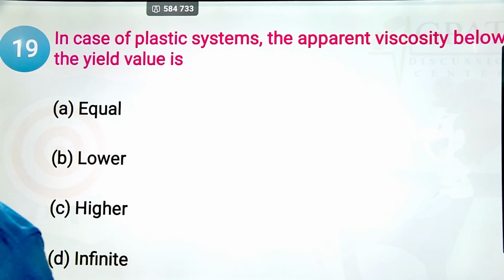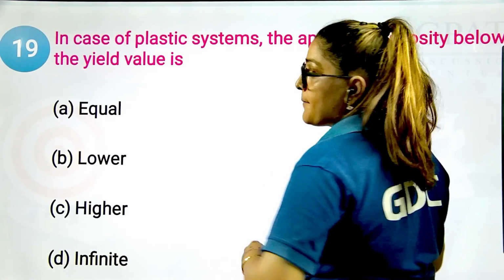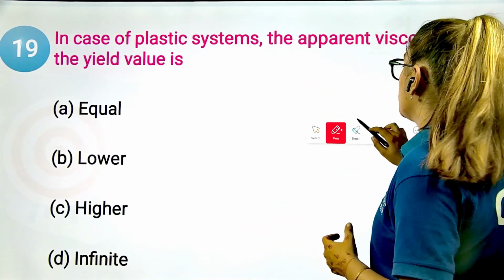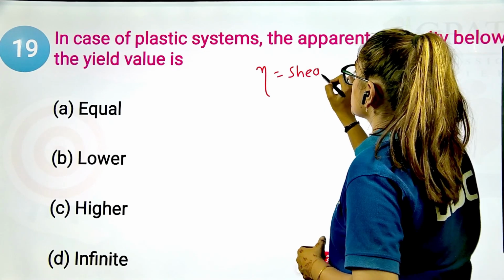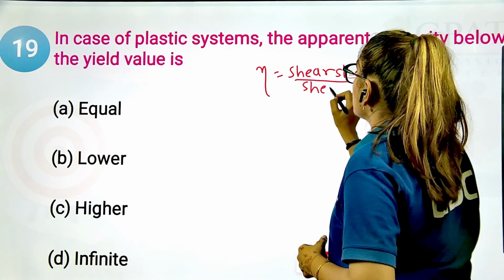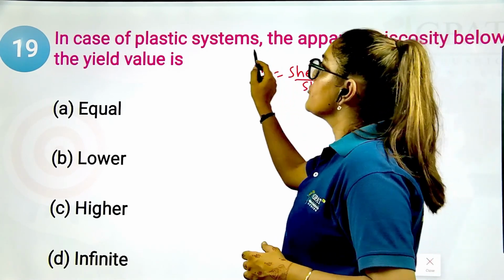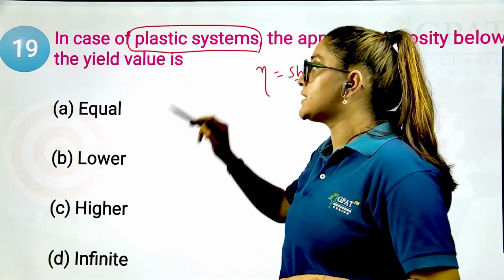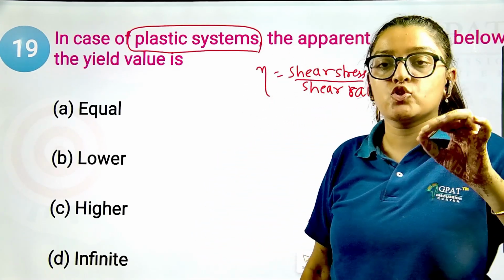So here first understand that the apparent viscosity will be equal to shear stress upon shear rate. Now here, because these are the plastic systems, they will not show their actual flowability till the point their yield value is applied.